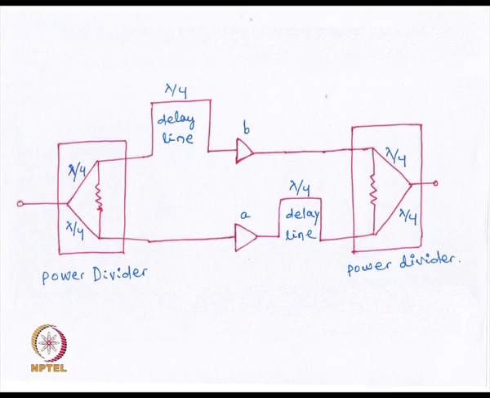Similarly, in the other amplifier that we are talking about, reflections also take place, but instead of coming back to port 1 or port 2, they are wasted away in the resistance that is present in the power divider.